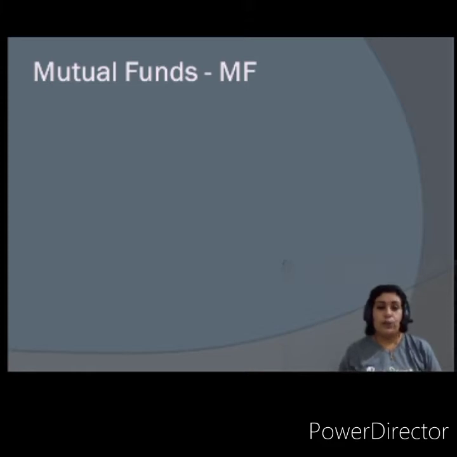So what do we do? See, these mutual fund people are professional people who actually guide you where to invest and how to invest. For example, instead of investing that 100 rupees for buying one share, these people will suggest you some 5 to 10 companies where you can invest 10 rupees or 20 rupees out of that 100 rupees.